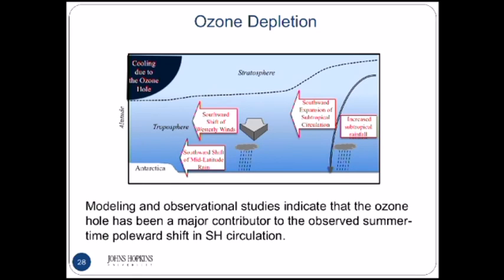There's also evidence that the circulation, the Hadley, or the subtropical circulation, has also moved poleward with a shift in the precipitation. This response, that when you introduce some cooling you get a poleward shift of the tropospheric circulation in summer, is a very robust result.